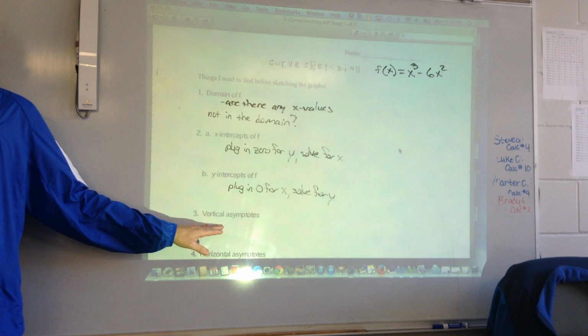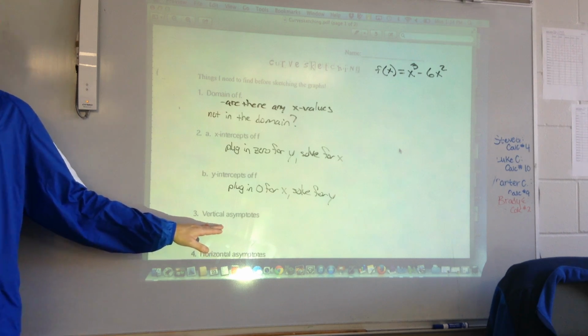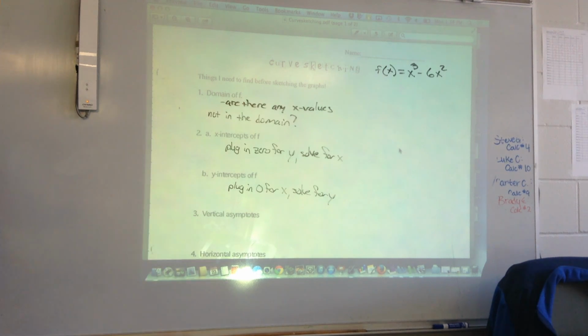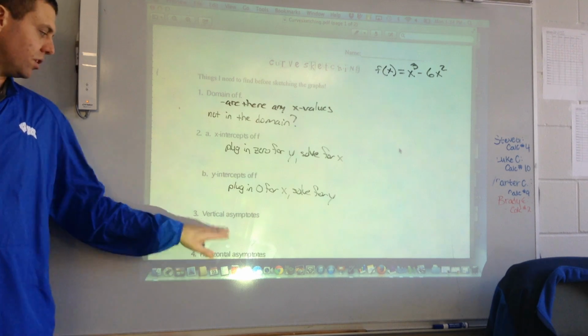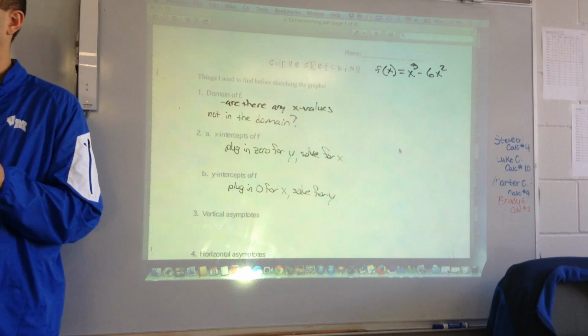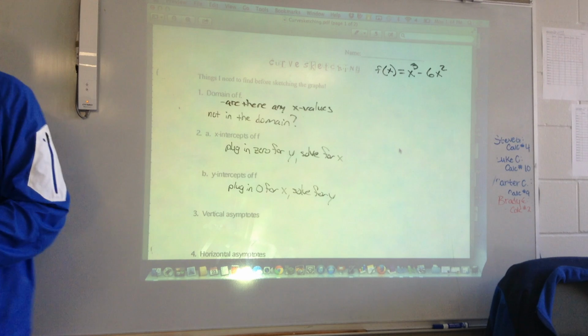Because what if it makes both numerator and denominator 0? It's just a hole in the graph. So see if there are any x values that make only the denominator equal to 0, and then you will know you have a vertical asymptote. If you find the limit of the function as x approaches that from the right or the left, you'll find whether it goes to positive infinity or negative infinity.